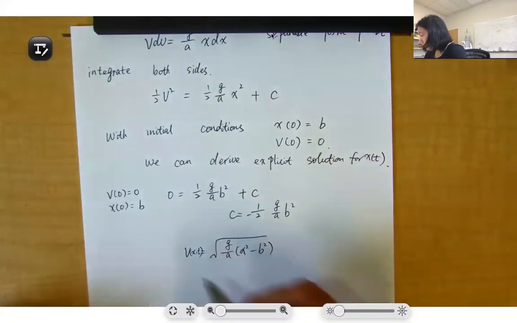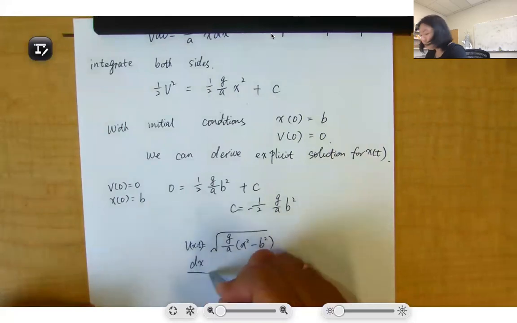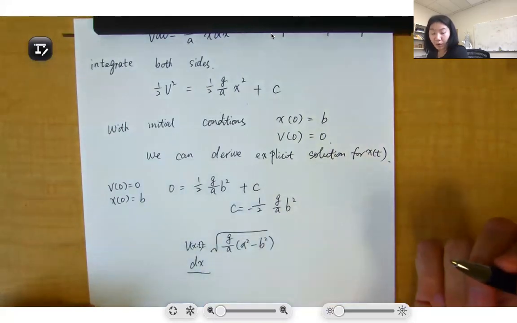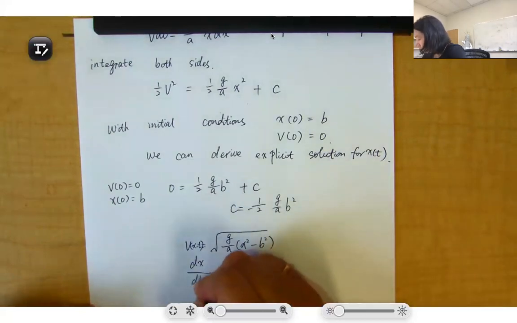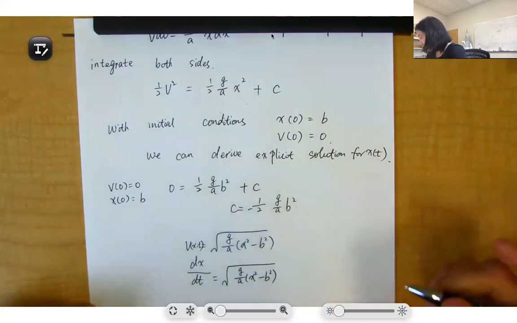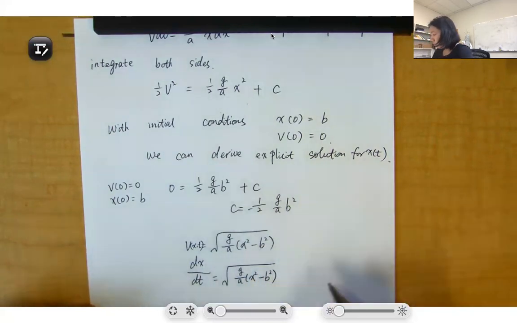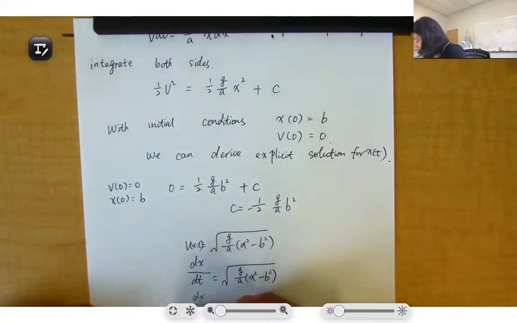So the velocity can also be written as the derivative of x as a function of t, which equals the square root of g over a times x squared minus b squared. You can also do that in separable form: dx over the square root of g over a times x squared minus b squared equals dt.